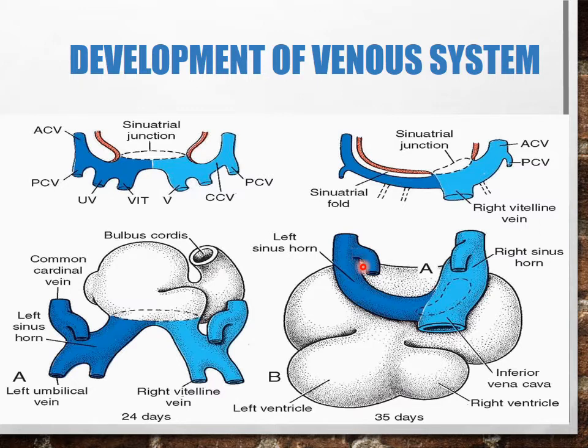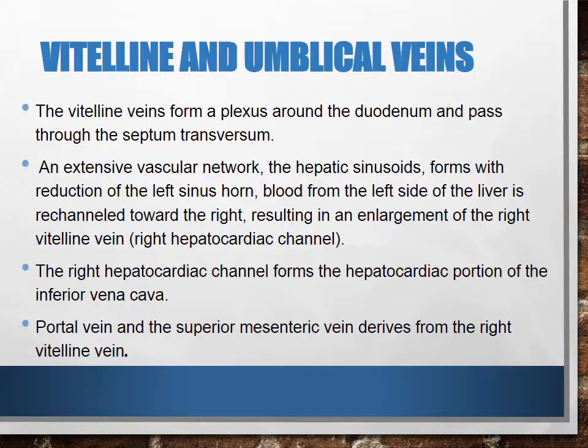So here you have now the very important concept of the right and left horns of the sinus venosus, which are going to form. Then, what do the rest of the vitelline and umbilical veins form?